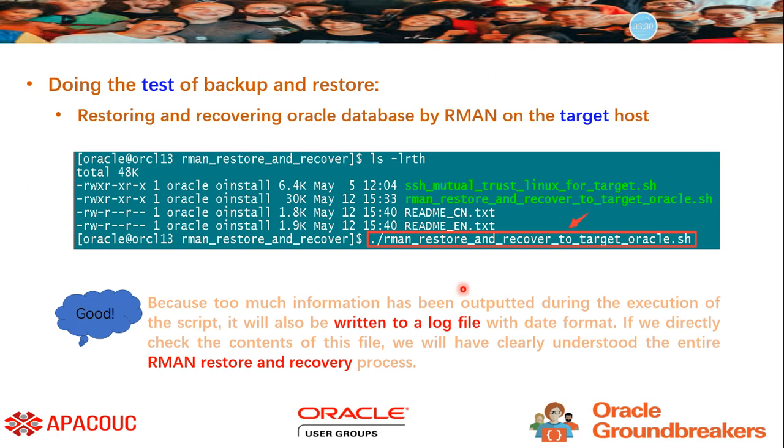Because too much information is output during the execution of the script, it is also returned to a log file with a date format. If we directly check the contents of this file, we will clearly understand the entire RMAN restore and recovery process.